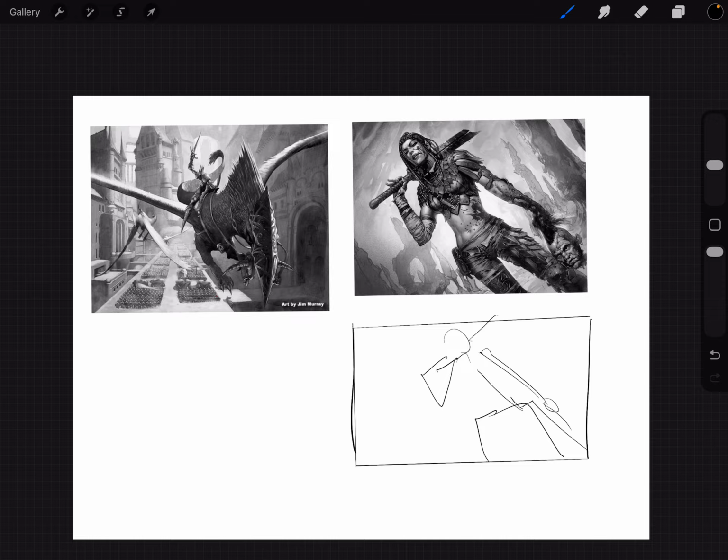And I would try to make this copy look as exact as I possibly could, with just maybe three values. And try to make everything pretty much fit the same size, but keep it to three values of light, medium, and dark. That's going to force you to understand how to simplify.